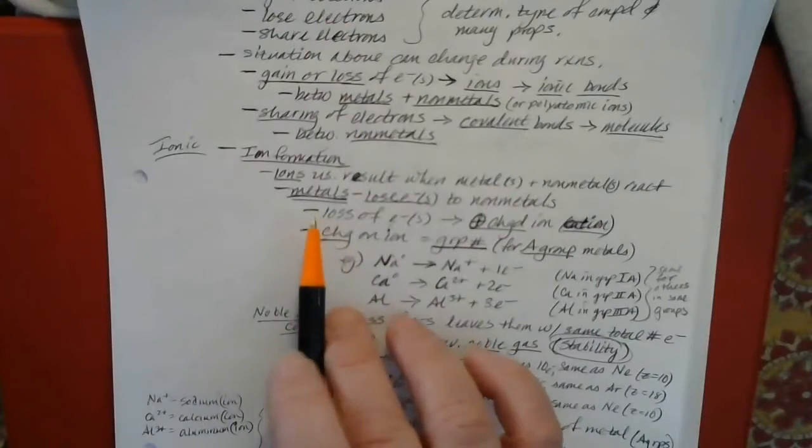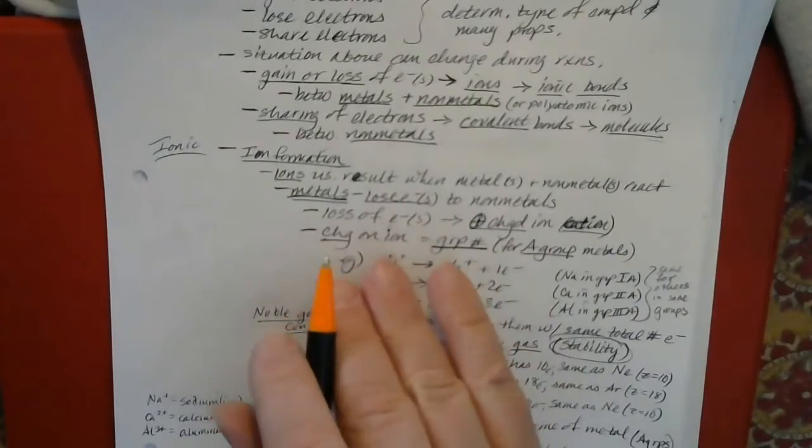Then, though, the atom can gain or lose electrons depending on what else might be in the vicinity. And if it gains electrons, it becomes a negatively charged ion because it has more negative charges than positive charges. If it loses electrons, then it becomes a positively charged ion because the number of protons in the nucleus hasn't changed, but the number of electrons has gone down.